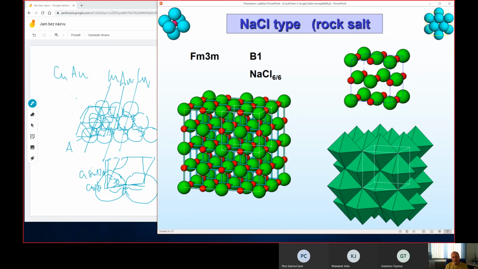Also the binary monoxides of transition metals like MnO or iron oxide and so on. Also carbides and nitrides of many elements adopt the rock salt structure type. What more?